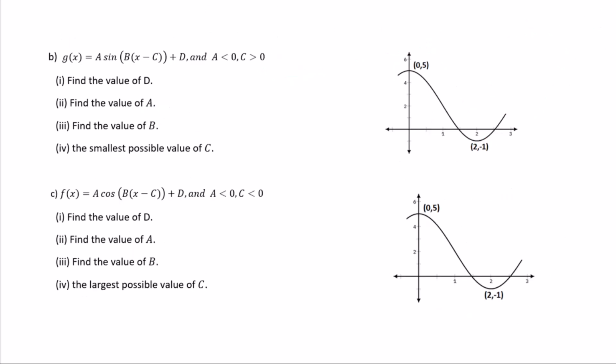Let's go to B. g of x equals a sine b, x minus c, plus d. a is negative, c is positive. From the previous question, we already figured out the midline is 2.